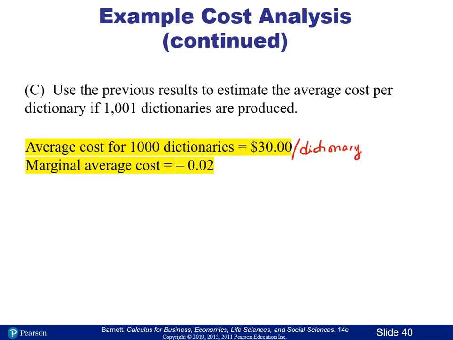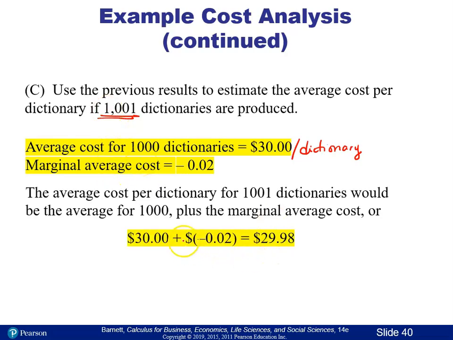If we want the average cost per dictionary if we produce 1,001, using what we've already found, we say 30 plus the negative 0.02 takes us to 29.98, and that's the average cost per dictionary for 1,001 dictionaries being produced, given that we're already producing the 1,000 dictionaries.